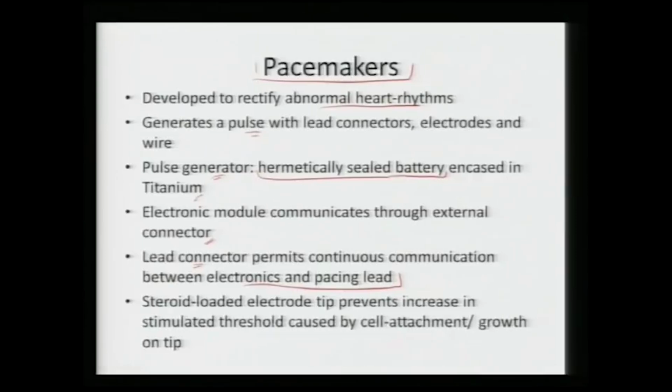The lead connectors or the electrode tip should also have certain steroids, which are there to restrict the rise in the stimulation threshold, because in certain cases that can occur through cell attachment or growth on the tip. So, if you have a particular electrode, it can have cell attachment or growth on the tip. So, we need certain steroids to prevent that increase in the threshold. That is restricted by placing steroids on the tip of the electrodes.